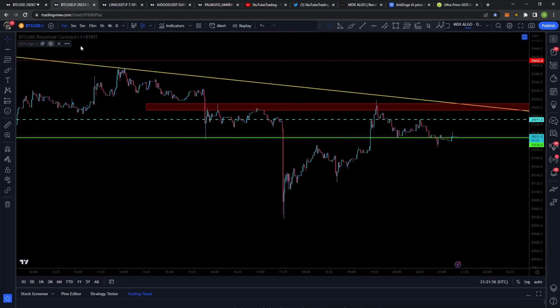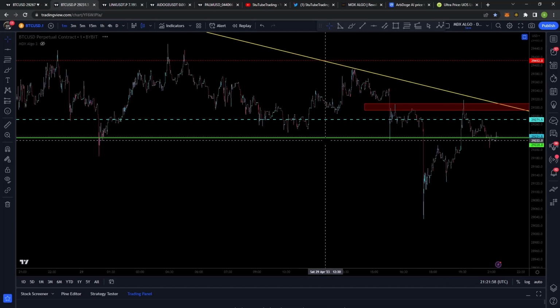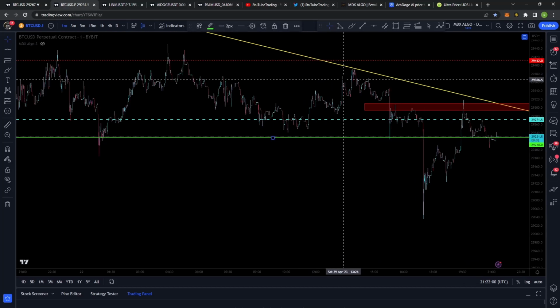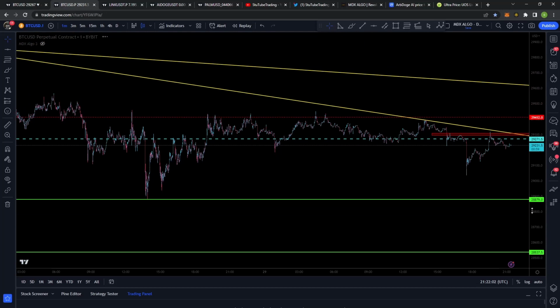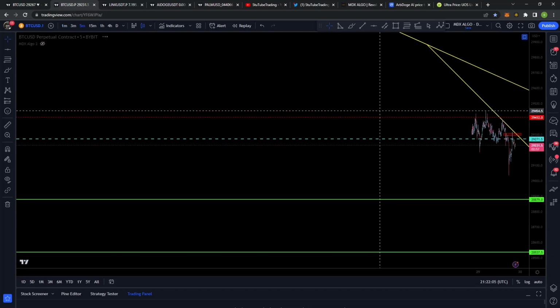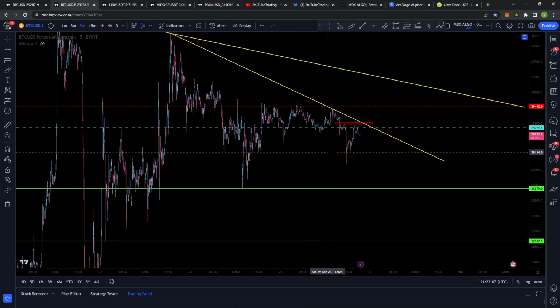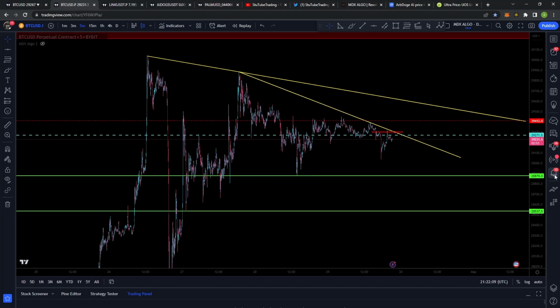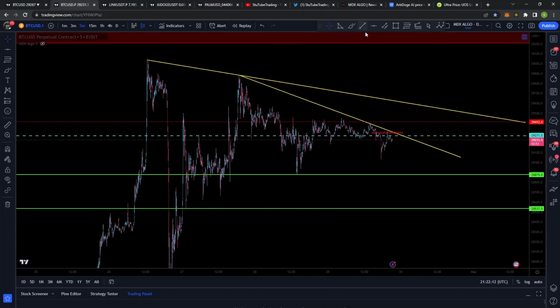So that being said, let's just zoom out and see if we can find any other possible hints as to where this market may go. Let's just zoom way out to the 5 minute here. So I've marked out a couple levels of interest to me. Once again, this is a perfect example.